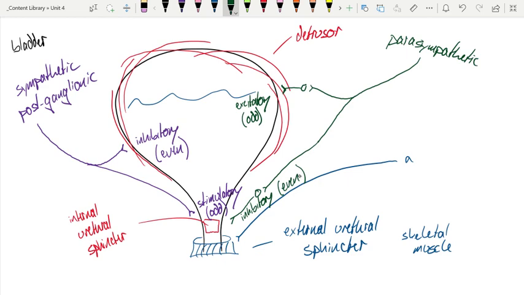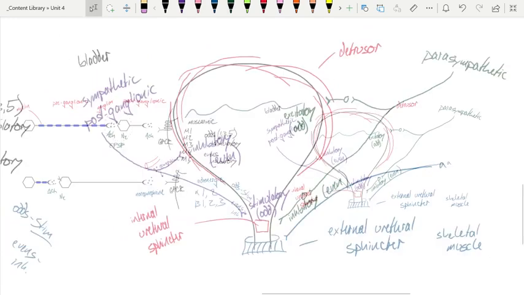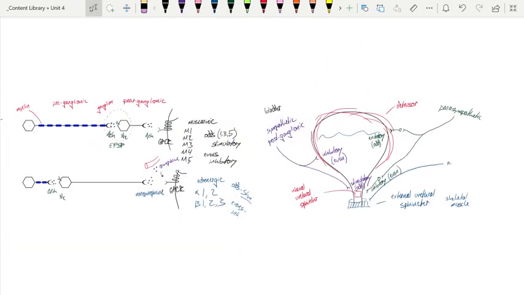Do I want it to contract? And then can I correlate that? How do I do that? With a specific receptor type, and typically the evens are going to be inhibitory and the odds are going to be stimulatory. So hopefully that gives you a decent idea of how these two systems play off of each other to control the functionality of all these visceral organs.